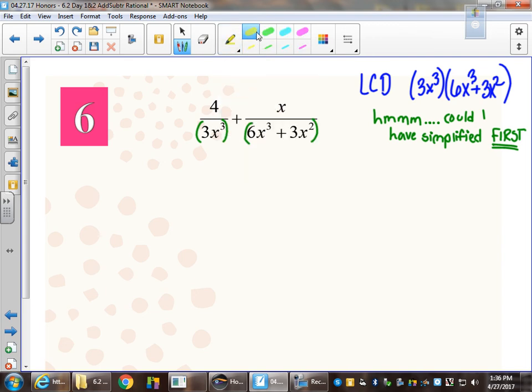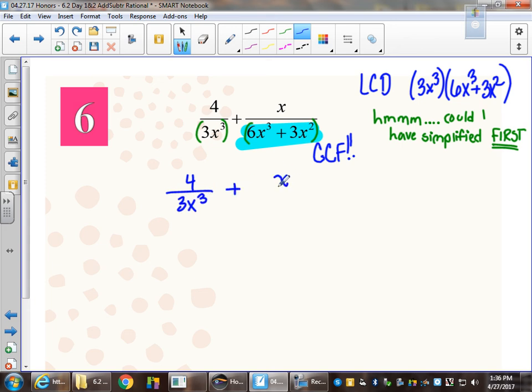But when I look at this denominator, I definitely have a GCF. So for a second, before we even try to do any kind of multiplying, let's leave this fraction alone. My GCF is what here? What can you factor out of this denominator?